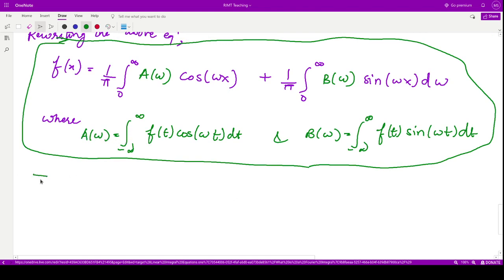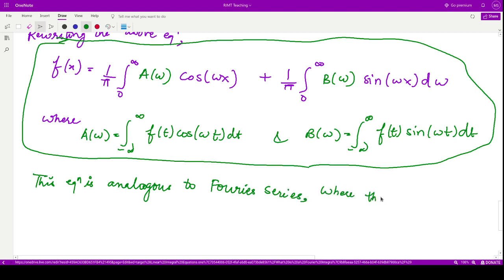So you can write this equation is analogous to Fourier series, where the sums now are replaced by integrals.